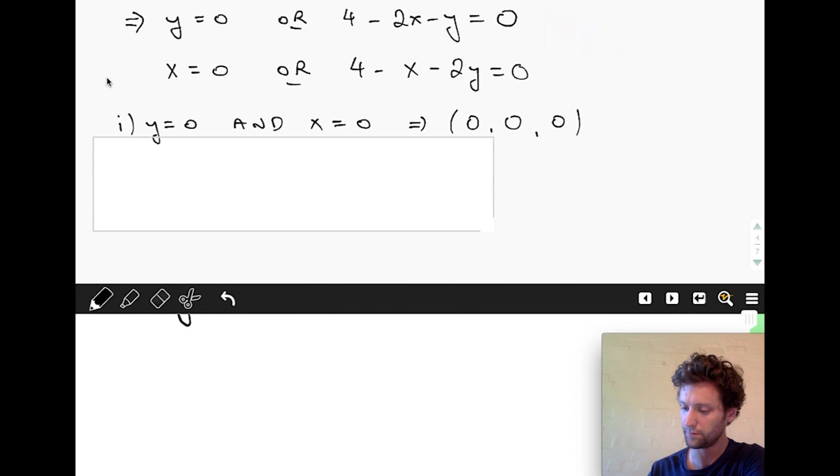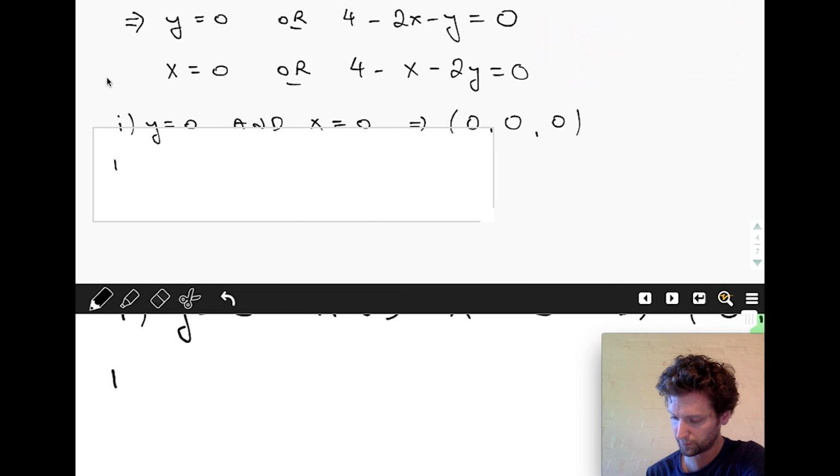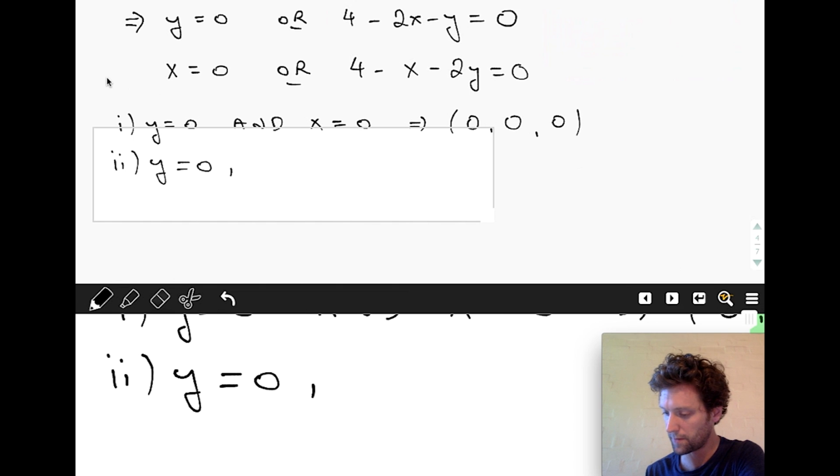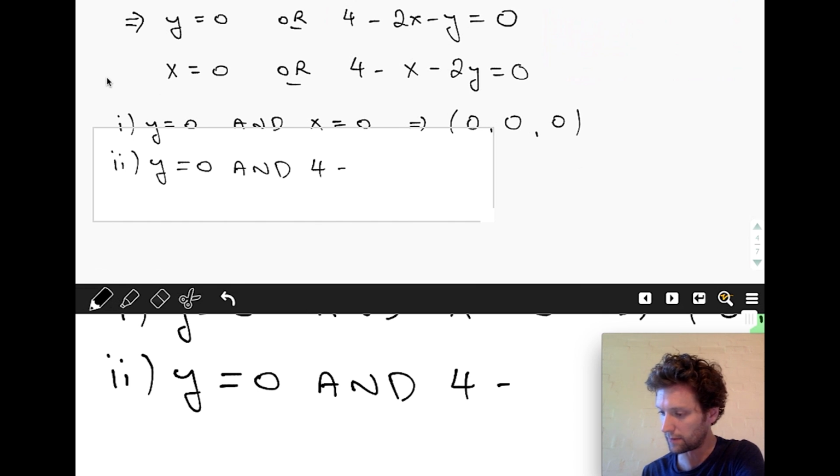The next possibility was y is equal to 0 and 4 minus 2x minus y is equal to 0.